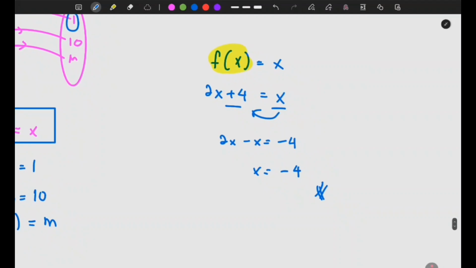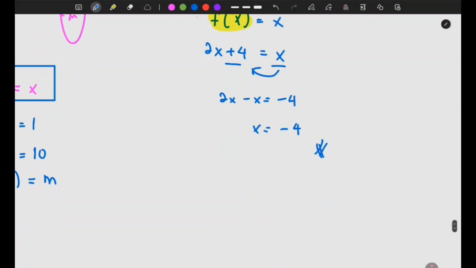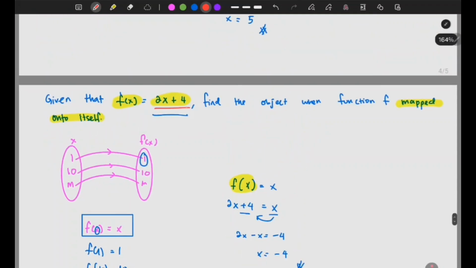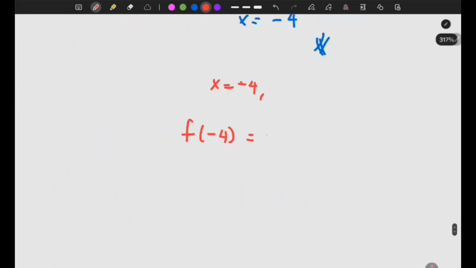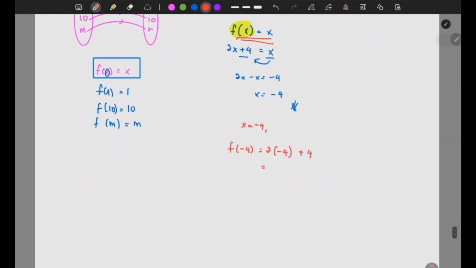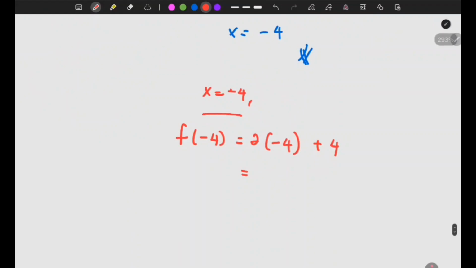If you're not sure of your answer, you can double check. Now substitute your x into the equation. So what is your f(x)? 2x plus 4. Your x is negative 4 and you plus 4. If this equation is correct, I should get back my x, negative 4. So 2 times negative 4 is negative 8, plus 4.